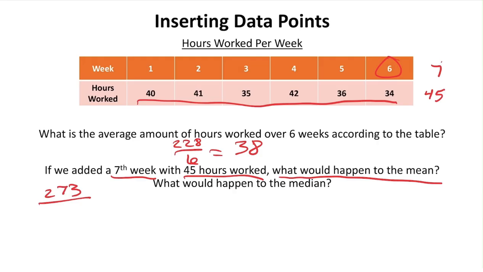And now we have, if we added a new one in, we have 7. So let's look at 273 divided by 7 is 39. So what happened to the mean? Well, it increased. Right? By 1 hour.